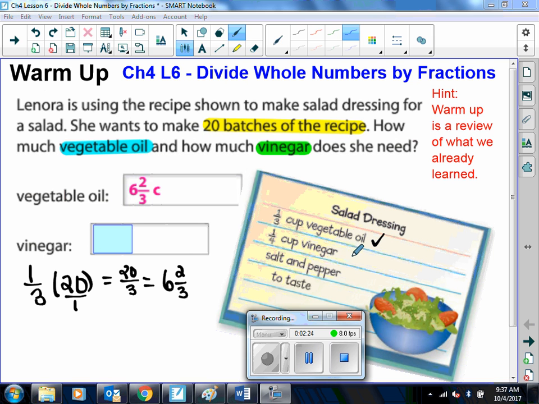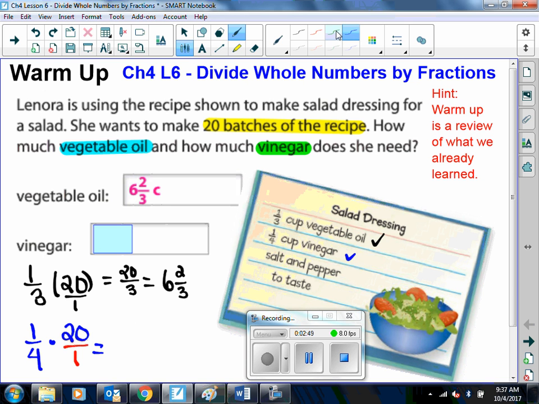All right, so now for vinegar, which is right there, we need 1/4 cup of vinegar. So on that one, we're going to do 1/4 times 20. Very good. And here, if you'd like to, you can put this over 1, just so you can have a fraction times a fraction. Can I simplify before I multiply here?